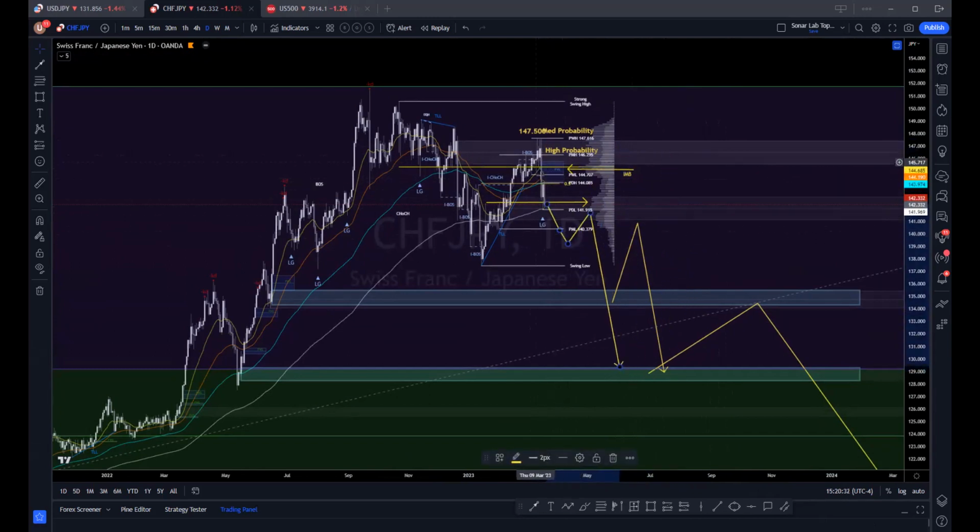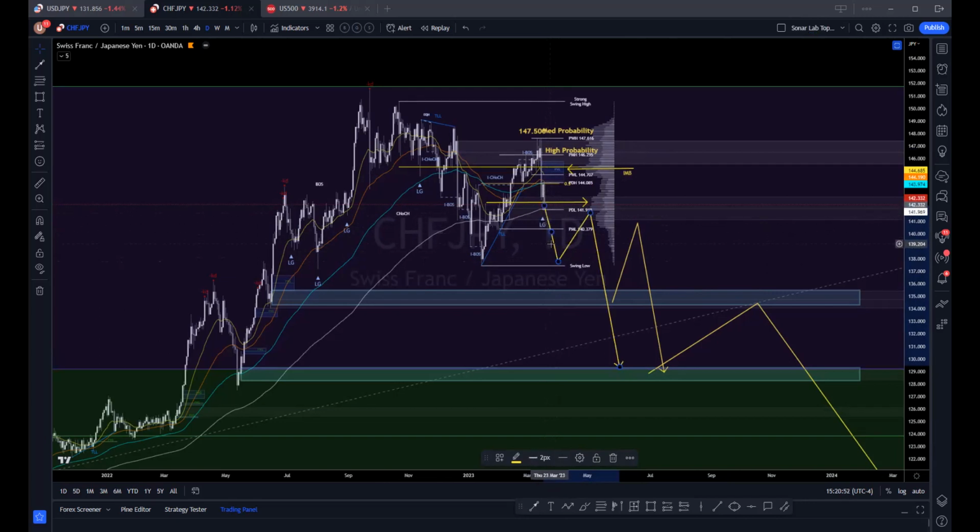So we're in a downtrend here, right? We broke this structure here. I can see now more Swiss francs. We've got Swiss francs news coming up, so hopefully that would strengthen.